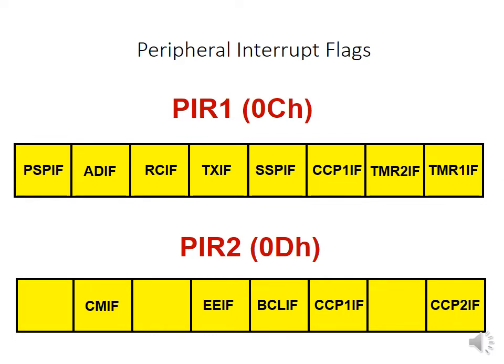PIR1 and PIR2 are SFRs that contain the corresponding interrupt flags for the respective interrupts associated with the various peripherals that are found on the PIC16F877.